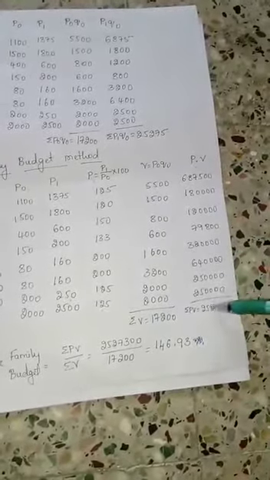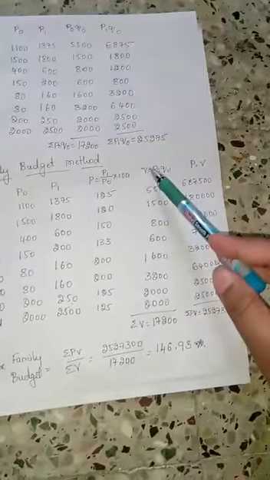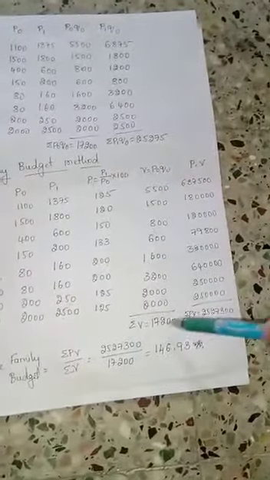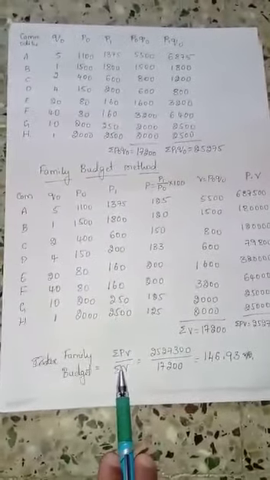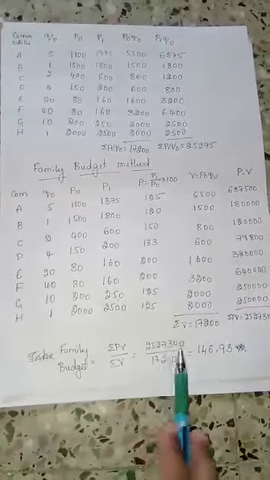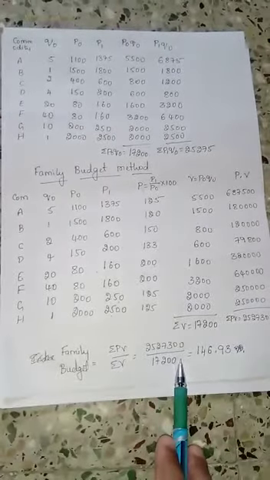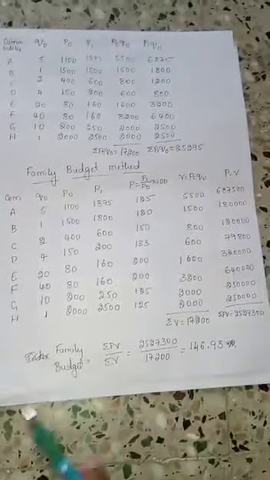The total of PV is 25,27,300. The total of V is 17,200. Apply the formula, summation of PV divided by summation of V. 25,27,300 divided by 17,200, the value is 146.93. In this way we have to calculate the family budget method.